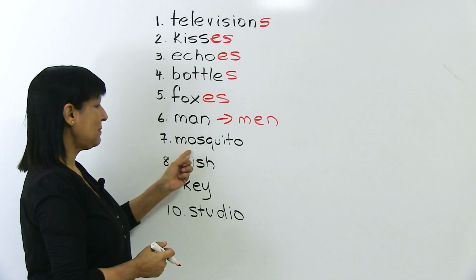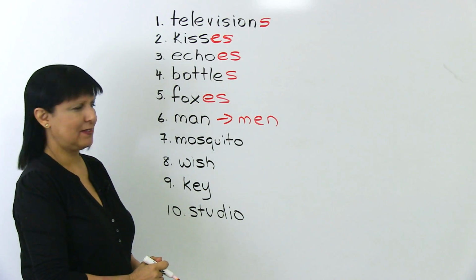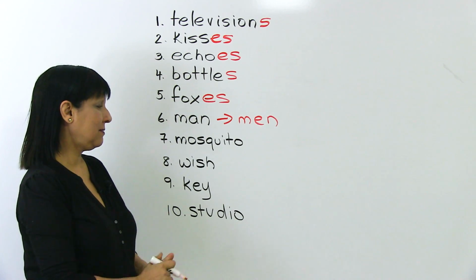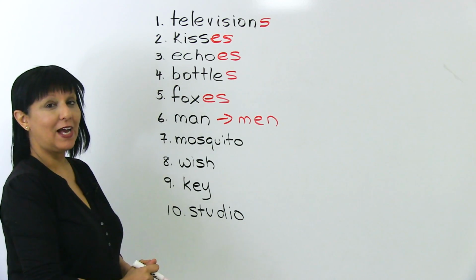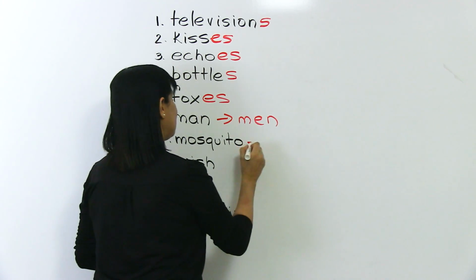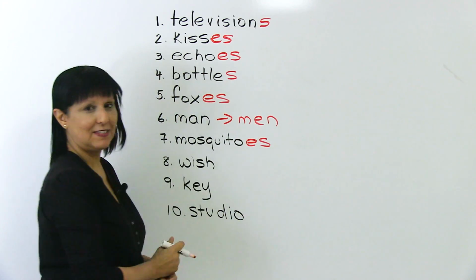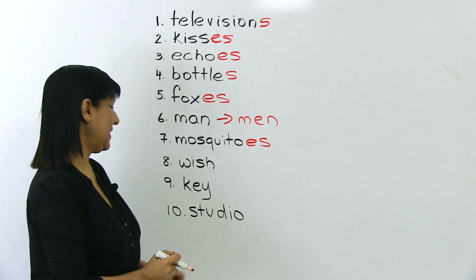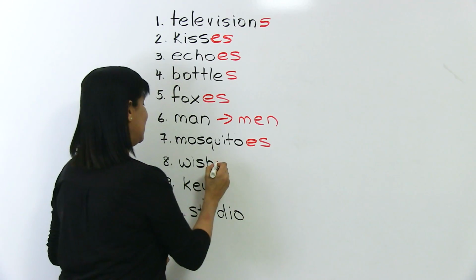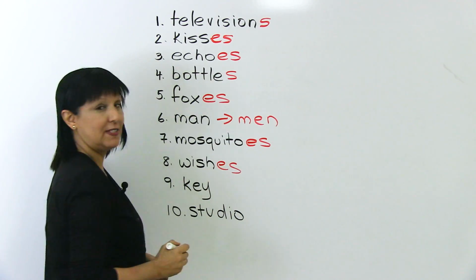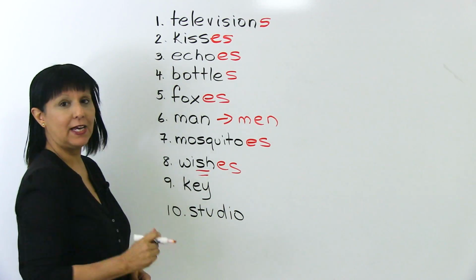Okay? Mosquito. I know you don't like them. I don't like them either, but sometimes you have more than one. And what do you need to do? Add ES, mosquitoes. Okay. 1 wish, many wishes. Okay, again, because you had the SH there.